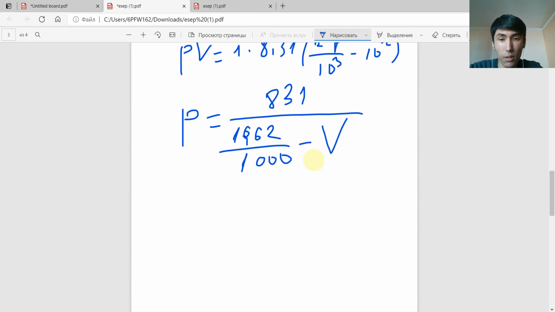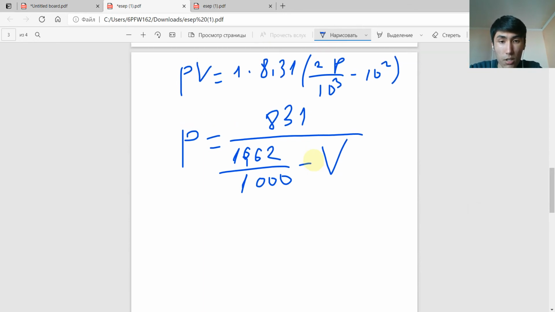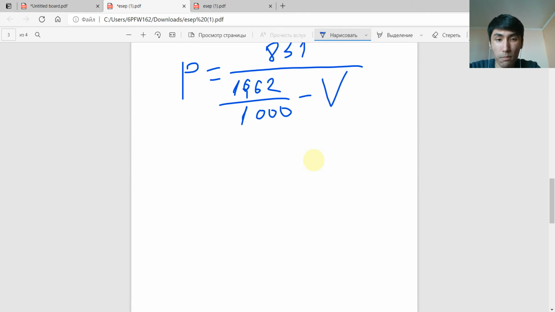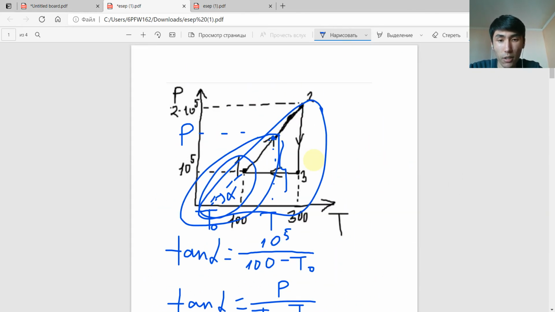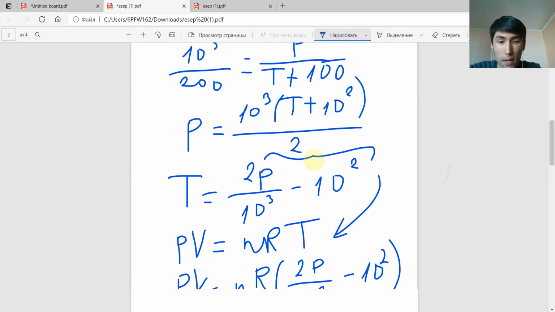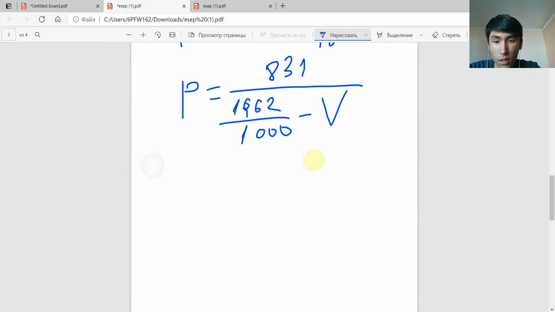So we found the pressure by V. We found the equation of pressure by V. So we can find the work from point 1 to point 2. So let's find W12.